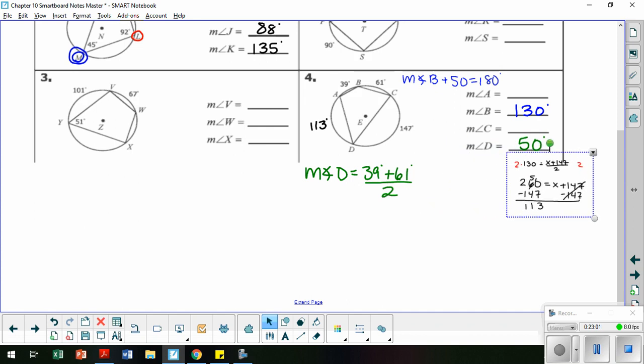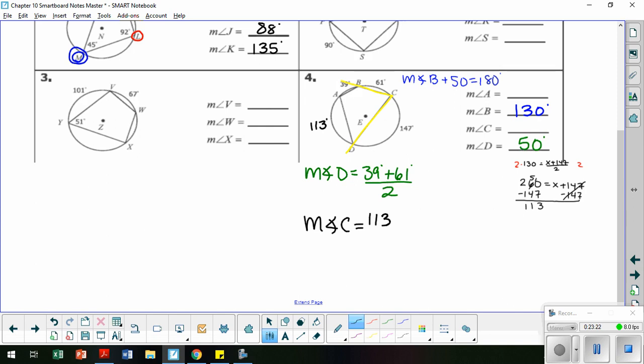So to find C, let's look at C. That cuts off right there. So we know that the measure of the angle C is going to be half of the two arcs together. So the measure of angle C is going to be 113 plus the 39, divided by 2, which ends up being 76 degrees.